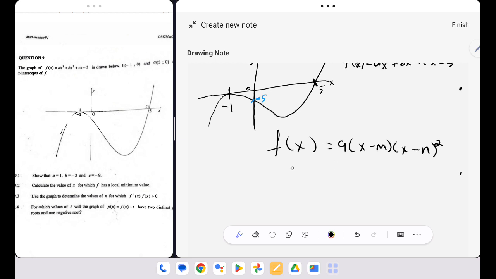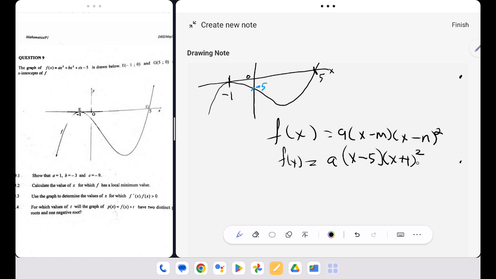So in this case, I know that f of x will be equal to a times (x minus 5) and (x plus 1) all squared. This thing shows that the graph turns at the x-axis, this part. So firstly I must find my value of a, right?